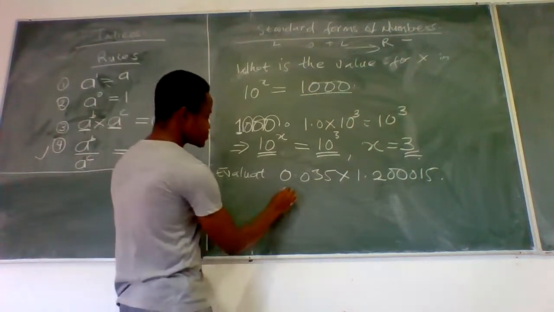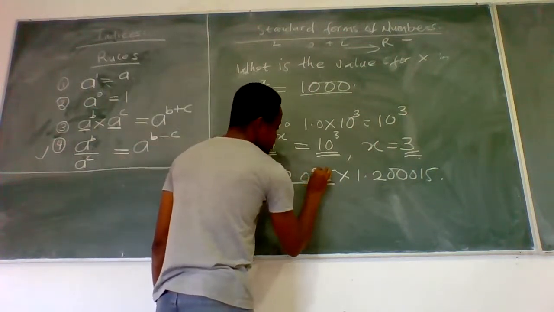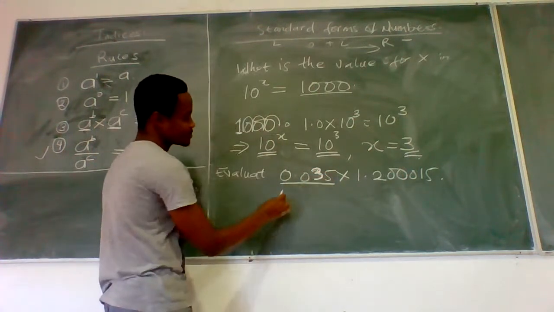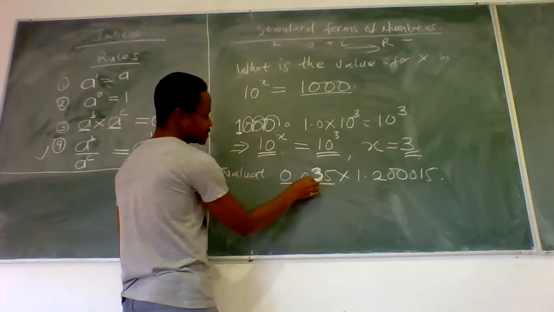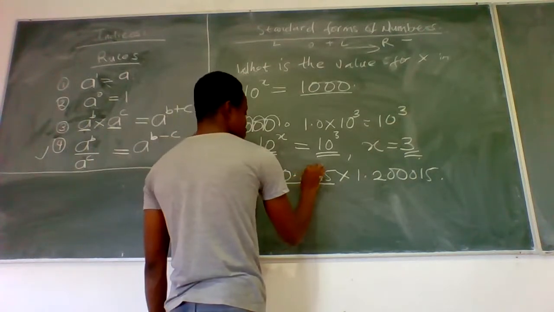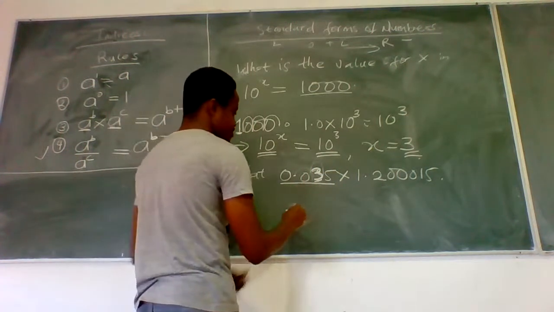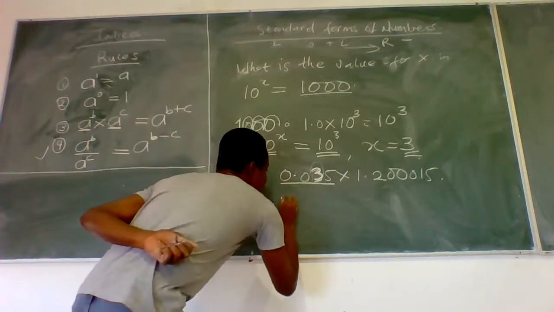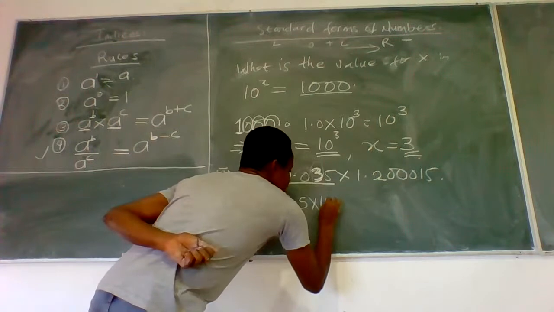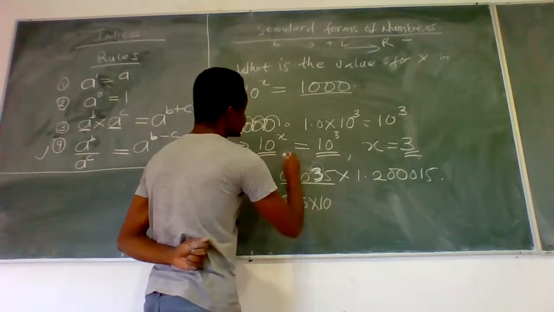So when you pick this one, where can we locate our number? Our first number should be between 1 and 10. So from here you can see that this one, and then this is the decimal. So you move 1, 2, and we are moving from left to right. So this one can be written as 3.5 times our base, which is 10. Then you move 1, 2 from left to right.